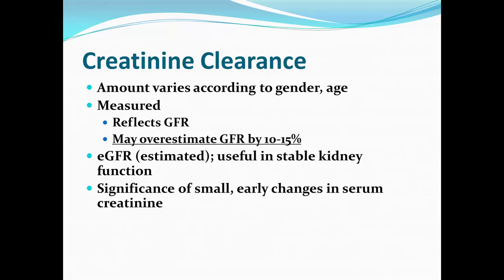So let's say the creatinine goes up from 1 to 2. That can represent a loss of about 50% of kidney function. However, when the creatinine goes from 3 to 4, they may only have lost another 10% simply because they didn't have as much reserve anymore.